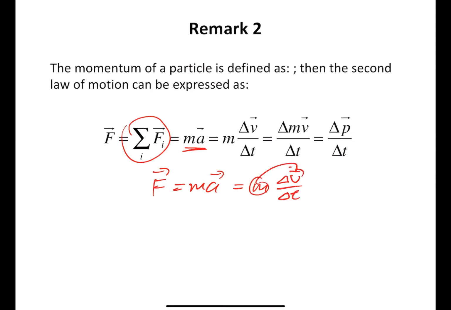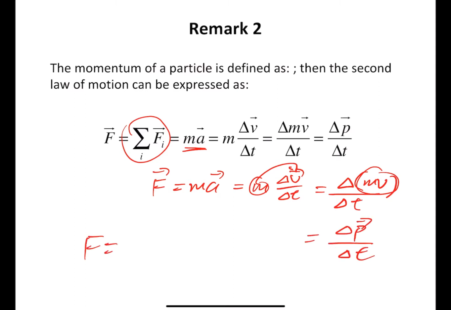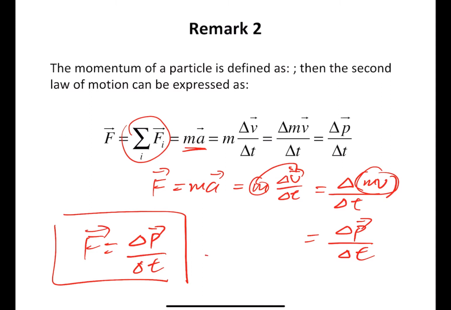So you put the m here, so it's m delta v over delta t. You group this one, and call it p. So F can be written as the change of momentum. And this form is what Newton wrote when he published his theory. It means Newton didn't write F equals ma. He used this one instead. They're equivalent.